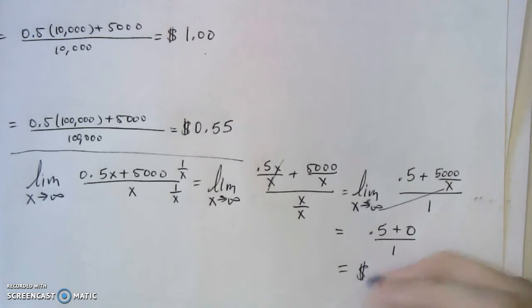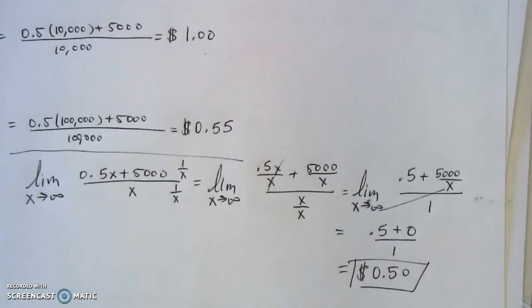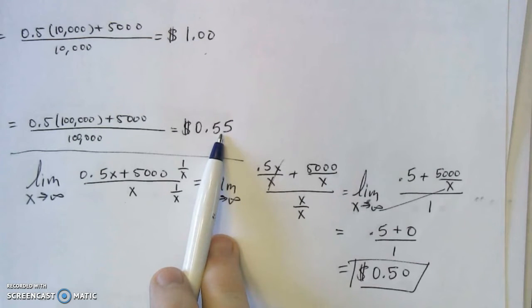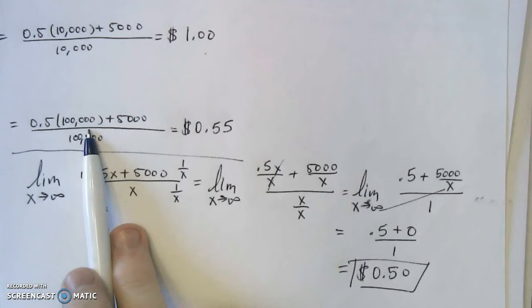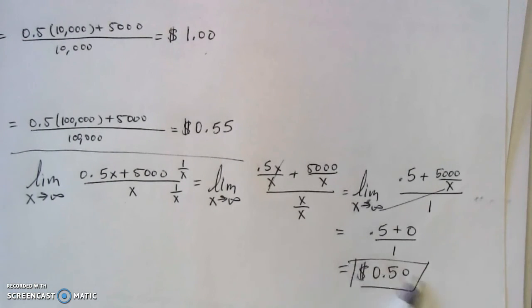So this tells me that the lowest I can get my average cost to is 50 cents. So if we're already at 55 and that's working for us, then we don't really need to go that much higher than 100,000. But really 50 cents is going to be the lowest that we can get our cost down to.